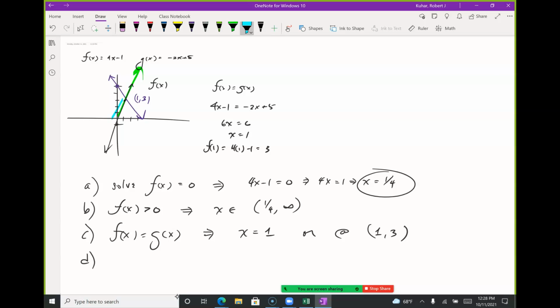So when is f of x below or hitting g of x? And again, I'm asking for subdomain, right? So f of x is less than or equal to g of x. And that's when x belongs to minus infinity up to 1 inclusive, right? Because we already found out where they cross, right? Isaiah, you with me?